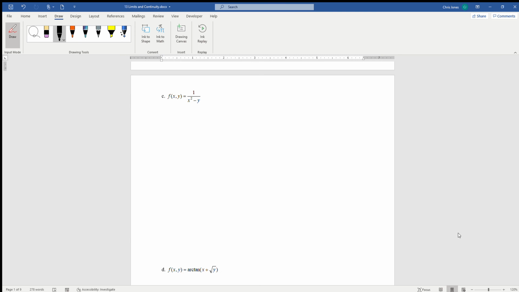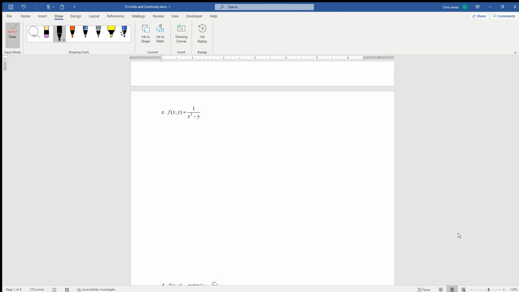Now this is a rational example to which not all real numbers are going to satisfy. We know that x squared minus y cannot be equal to 0, or in other words, y cannot be equal to x squared.